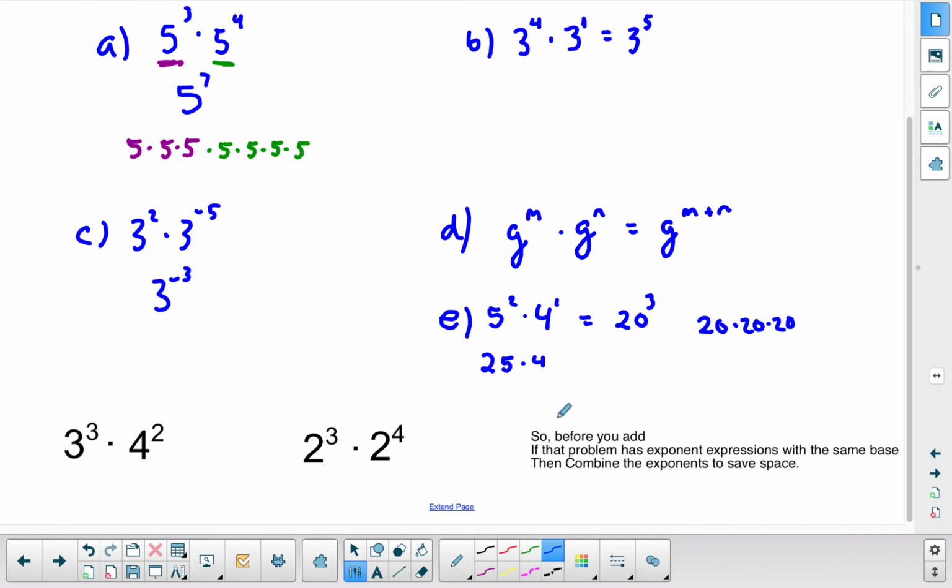So before you add, if that problem has exponent expressions with the same base, then combine the exponents to save space. It sounds kind of boring if you say it, so let's sing it.